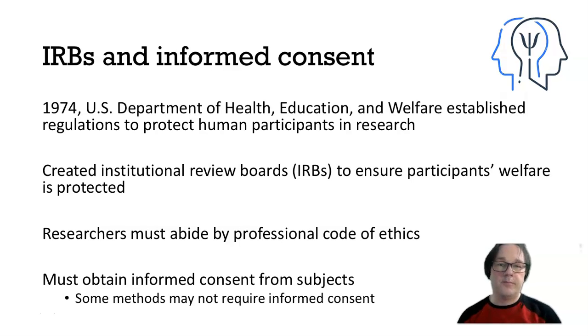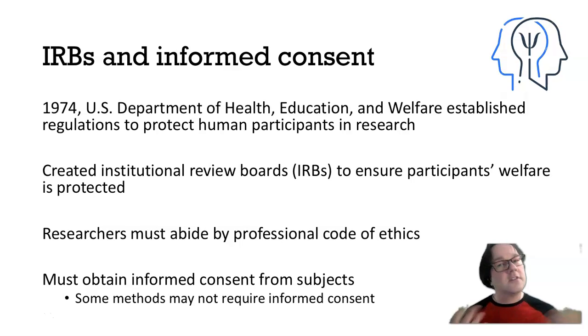and they receive training that is provided through the U.S. Department of Health, Education, and Welfare in order to serve on the IRB. And you get training in ethics and training to be able to identify potential ethical concerns. So we must abide by these research ethics established by the IRB, but also by professional code of ethics.